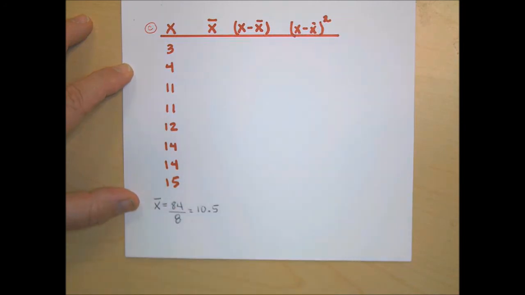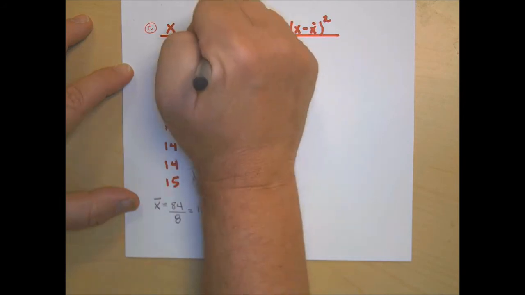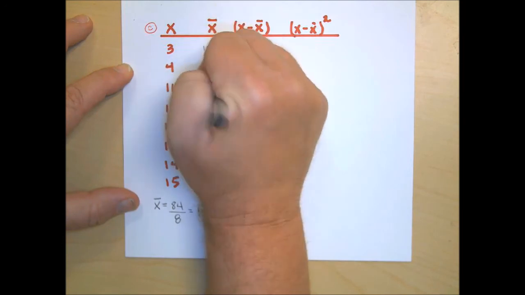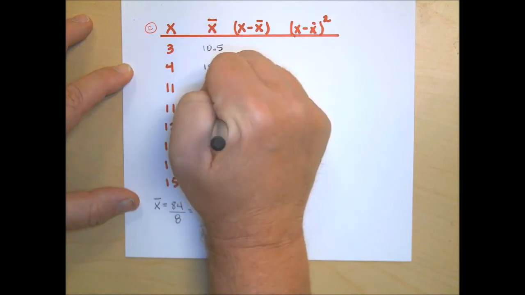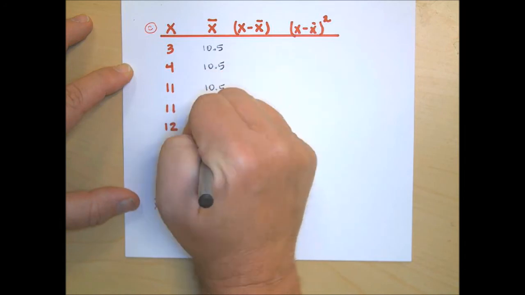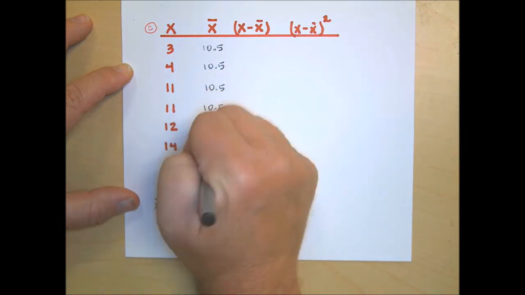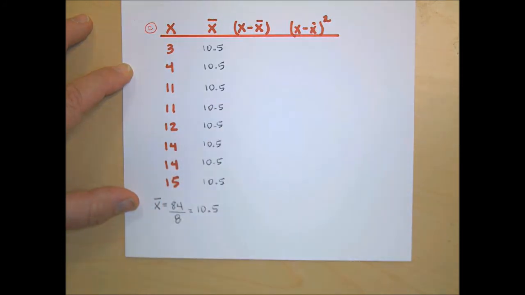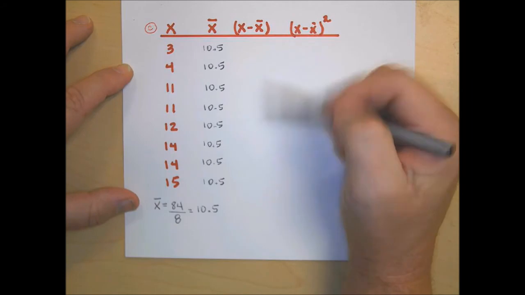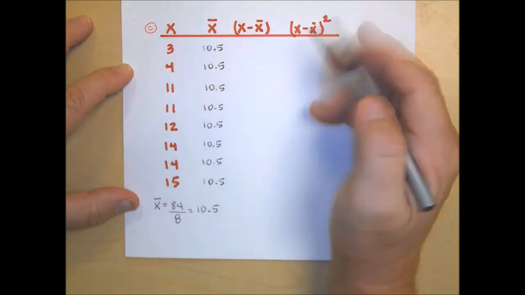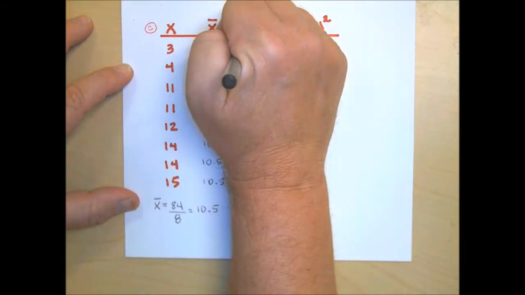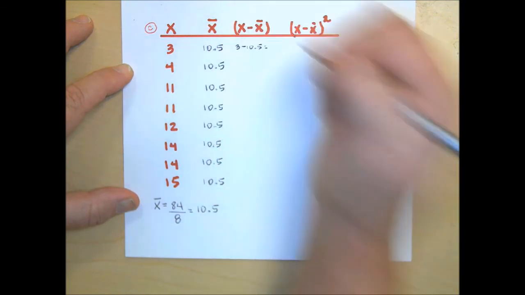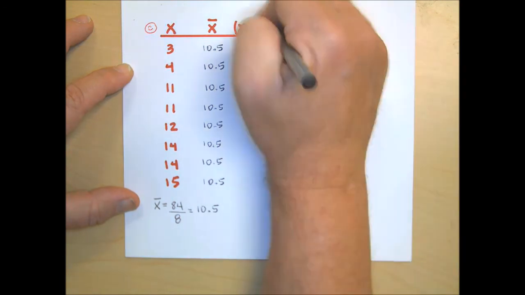So that's the mean. So I'm going to put 10.5 on every one of these right here. Okay. Now the next column to fill out has a heading of x minus x bar. So I'll do this one. What we're really doing is 3 minus 10.5, which in this case equals negative 7.5.